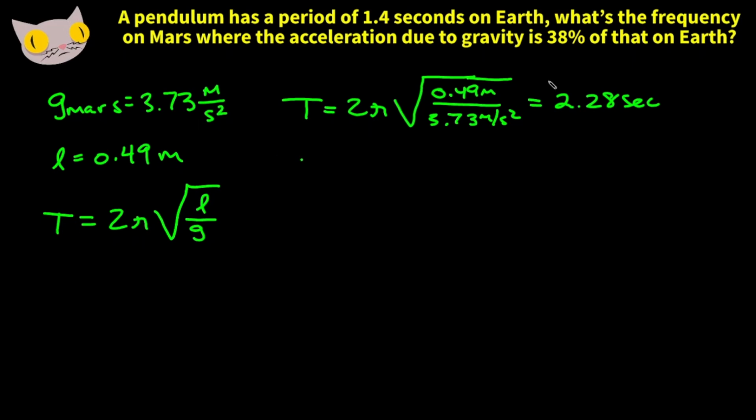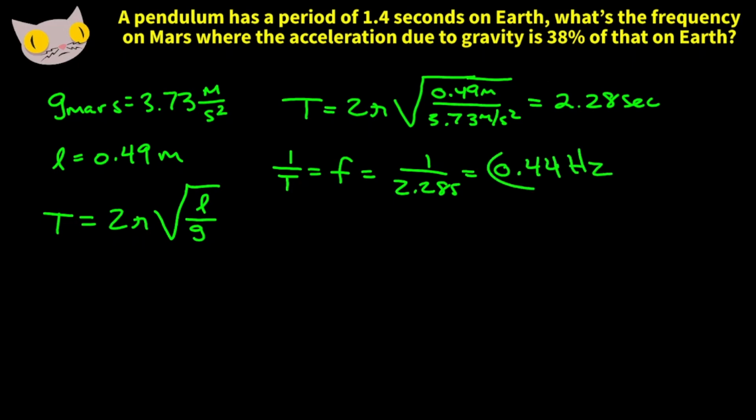And then, of course, frequency is just 1 over T, so frequency is going to be 1 over 2.28 seconds. And that's going to give us 0.44 hertz.